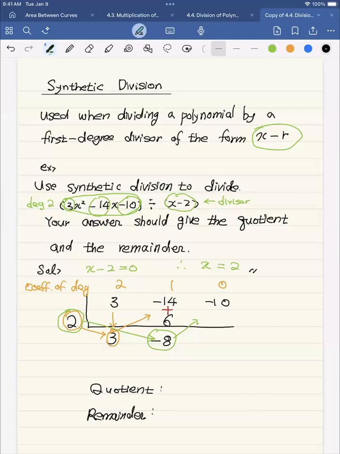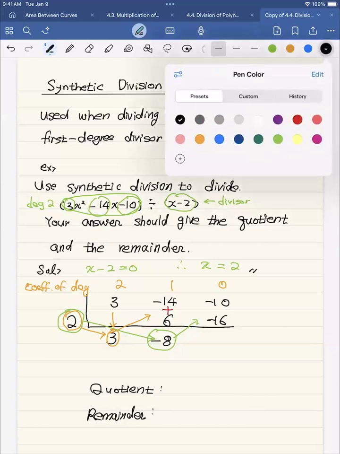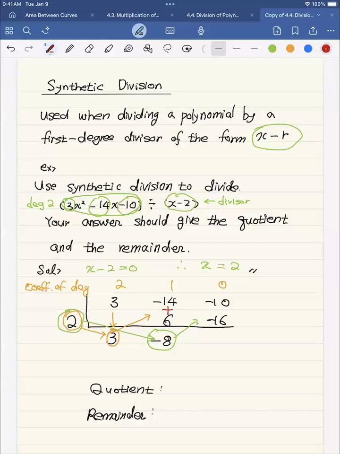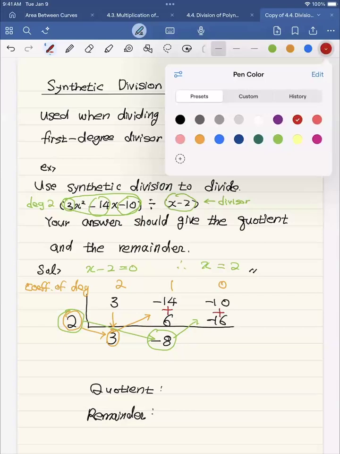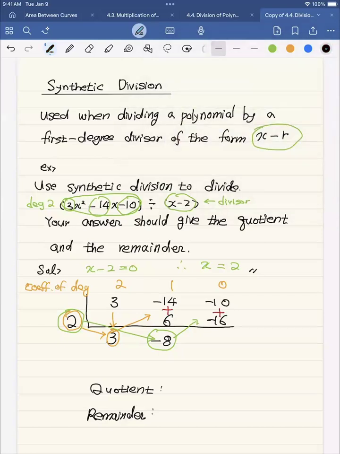Then that'll become negative 16. And to do the mechanical process, we add both and write here, then that is negative 26.